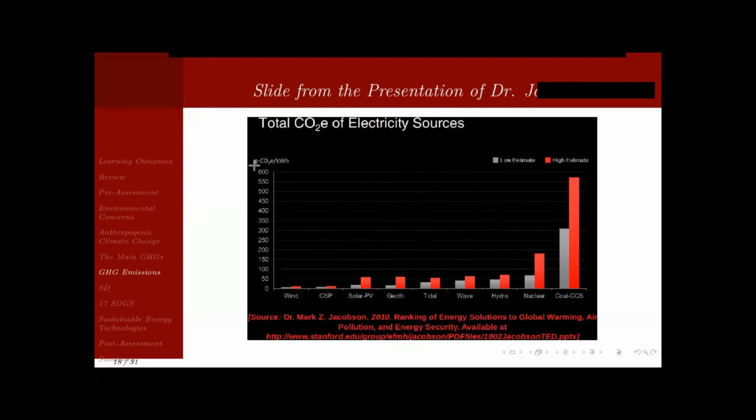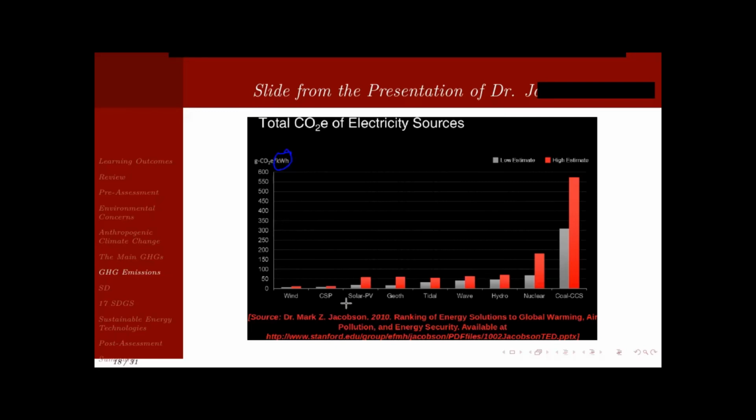So it's in terms of grams of CO2 equivalent per kilowatt hour. This is the unit for electricity consumption, so that is in kilowatt hour.